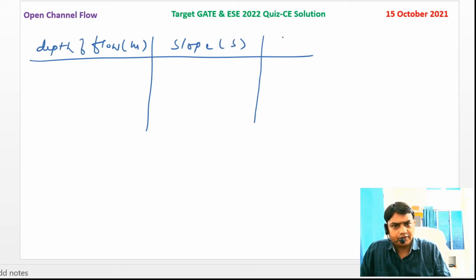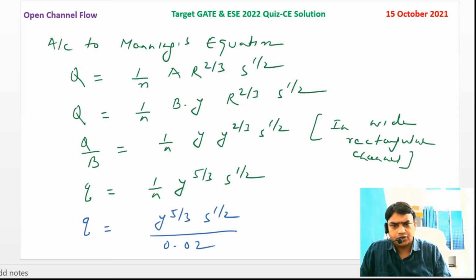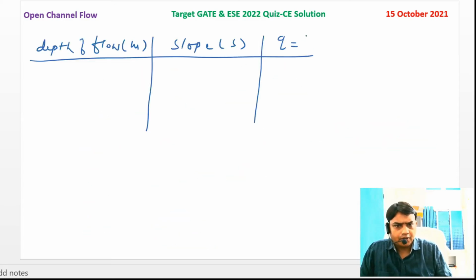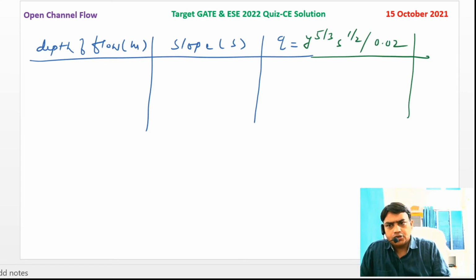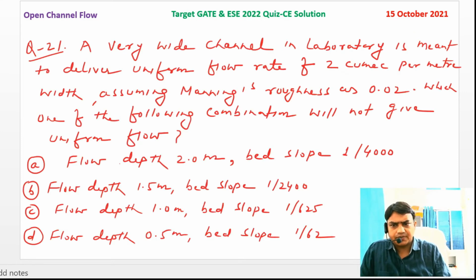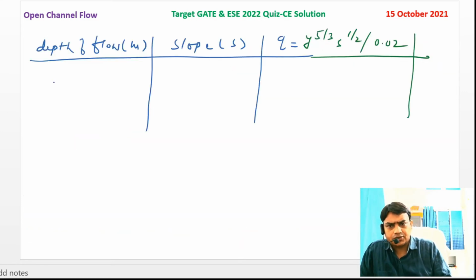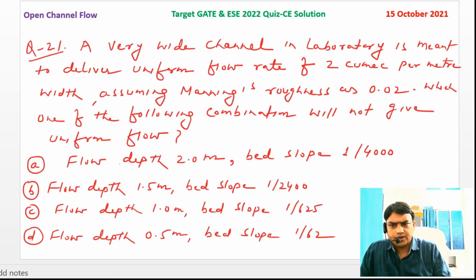If I compute the value of q, that is Y to the power 5 by 3 S to the power half divided by 0.02. In the first option the depth is 2 meters and the bed slope is 1 by 4000.